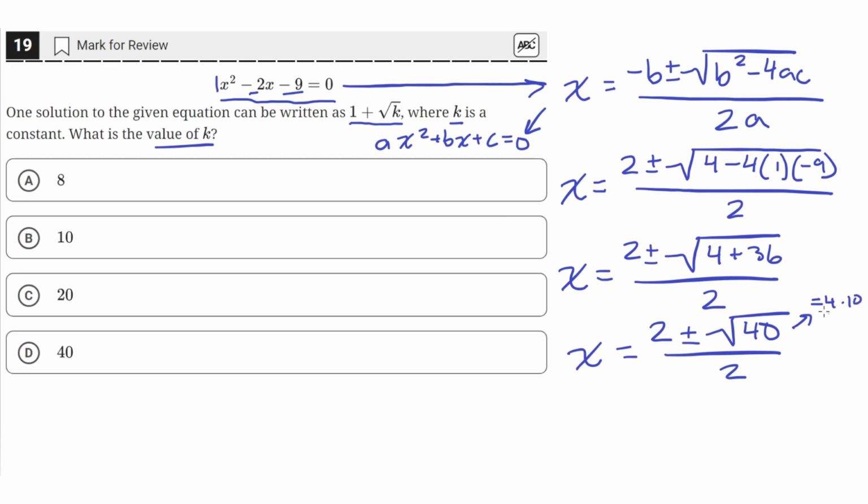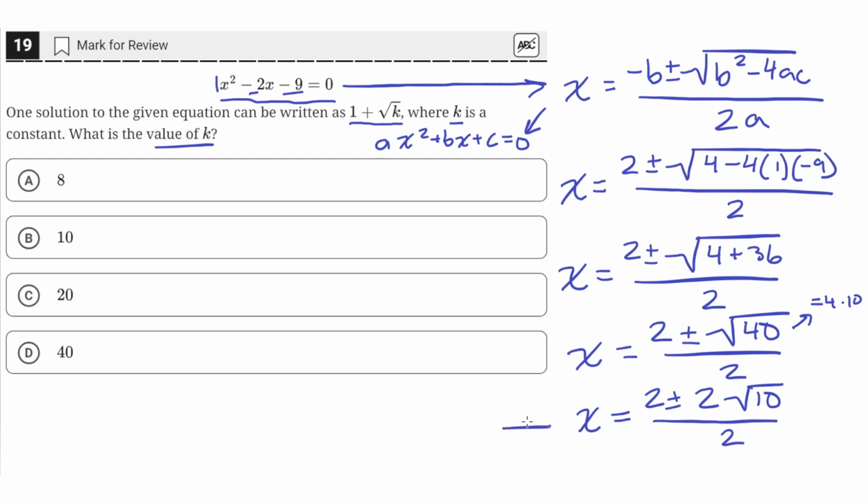And we know that the square root of 4 is just 2, so we can take that outside. So x equals 2 plus or minus 2 times the square root of 10. So we split the 40 into 4 times 10, and the square root of 4 times 10 is just equal to 2 times the square root of 10. So all of that will be over 2.